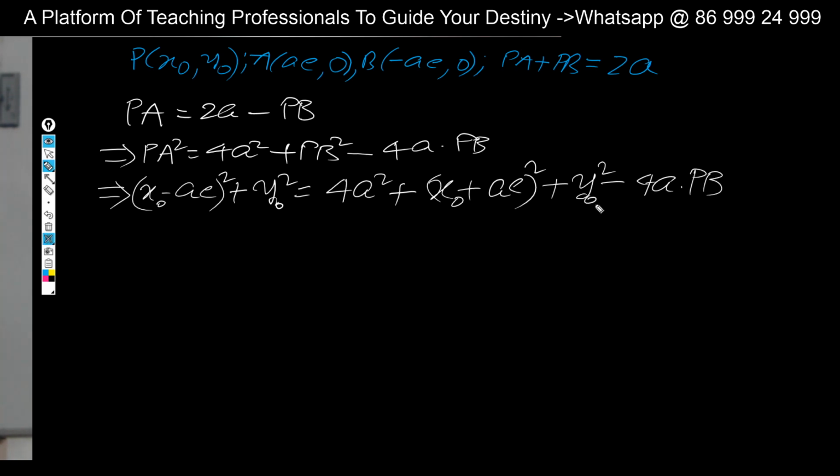You keep PB as it is, because you'll get a root there. This y naught square gets cancelled on both sides.